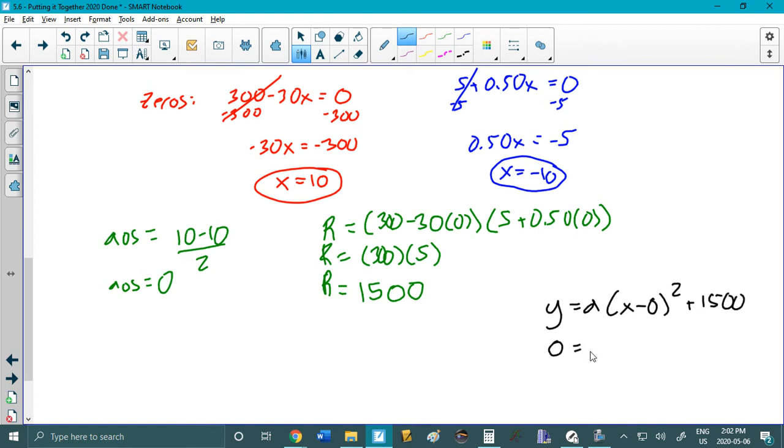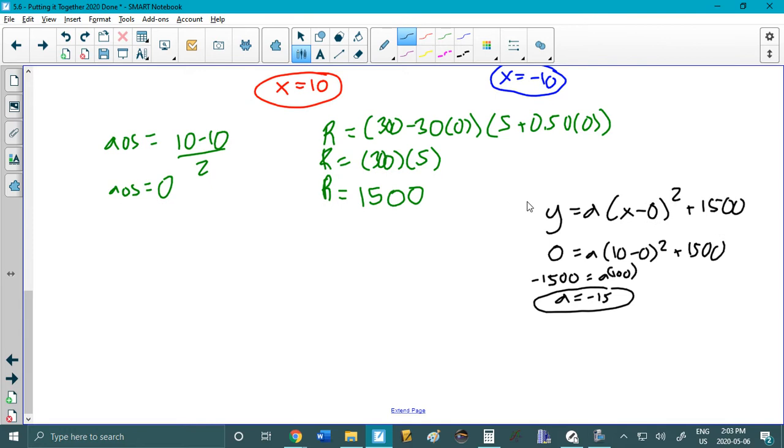So 0 equals a, x is 10 minus 0 squared plus 1500. I subtract 1500 from both sides. 10 minus 0 is 10, squared is 100, equals a times 100. And I divide on both sides, and I get a equals, I'm going to say negative 15. I think I did that correctly.